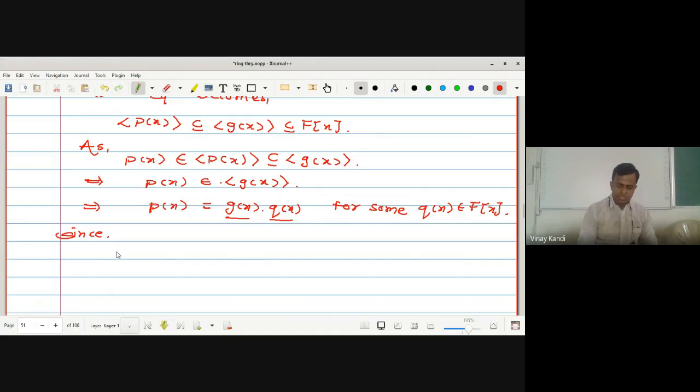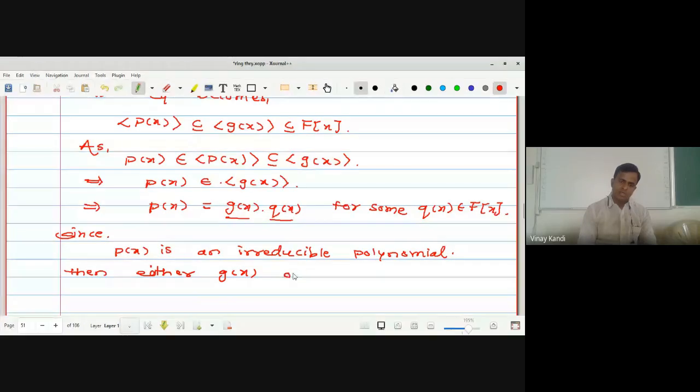Okay, so since this p of x is an irreducible polynomial, then either g of x or q of x is constant.